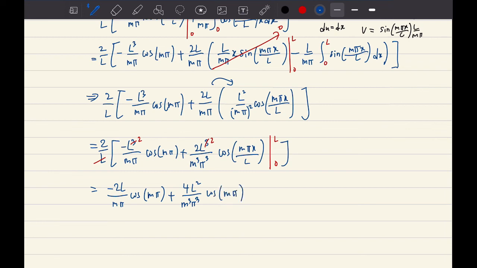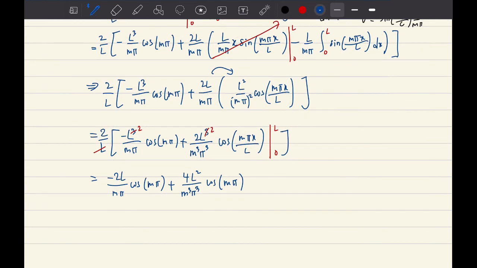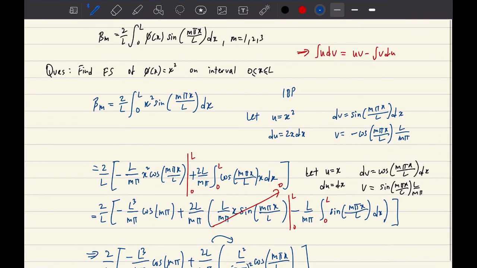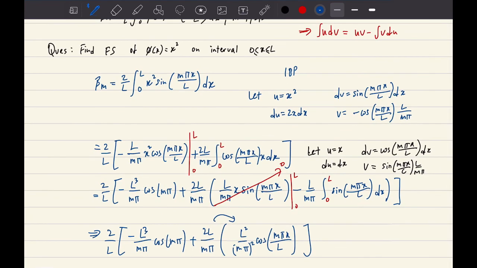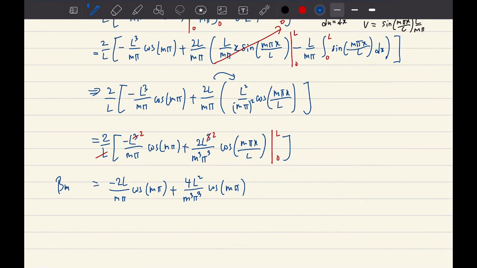Alright, now we found the value of b sub m, and we just need to substitute it back into this equation to find that x squared is indeed equal to the sum for m larger than 1, where our b sub m is this whole expression right here.